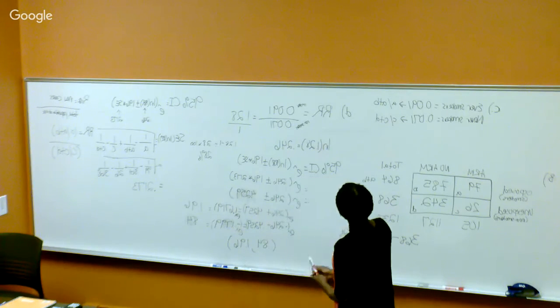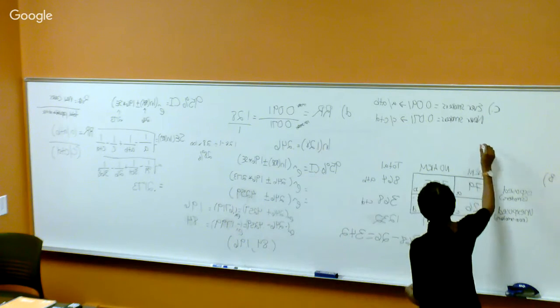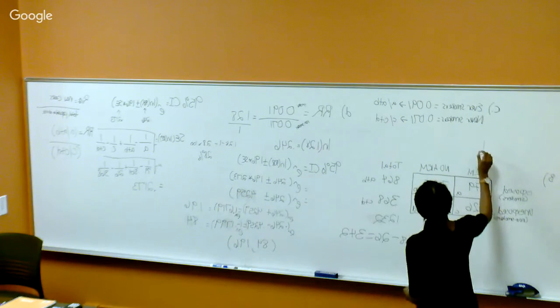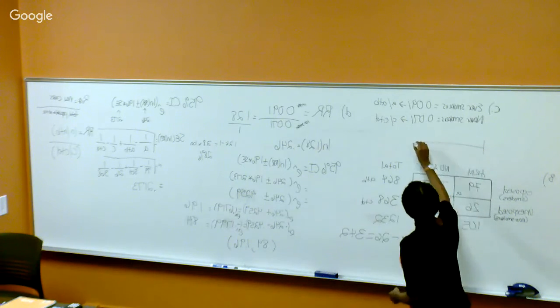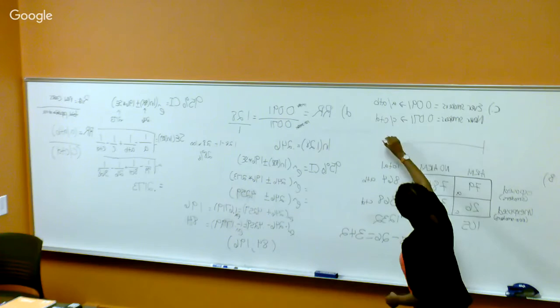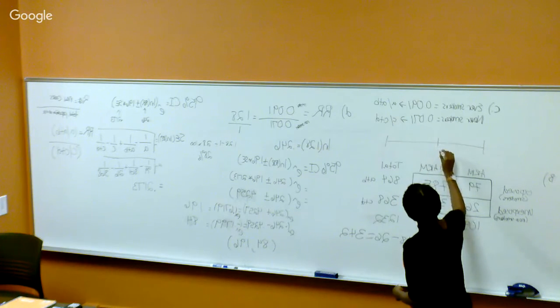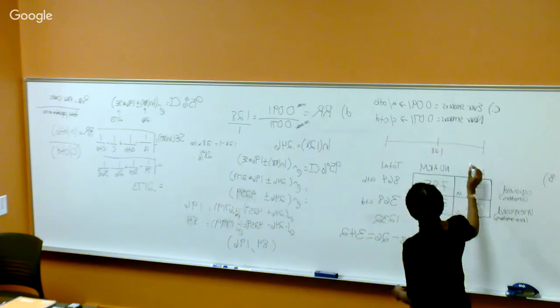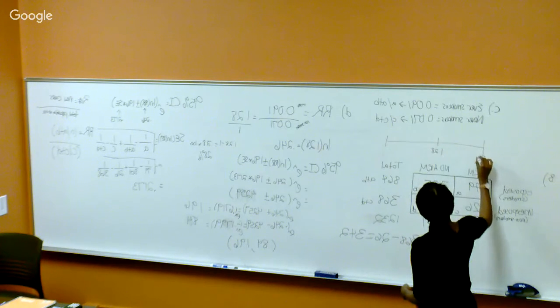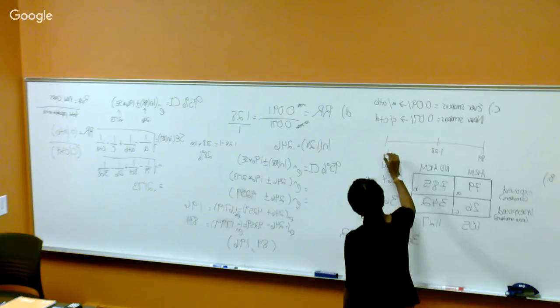I think she did a drawing where she said, here's your interval. So let's say 1.28 is right here. And then you've got 0.84 and 1.96.